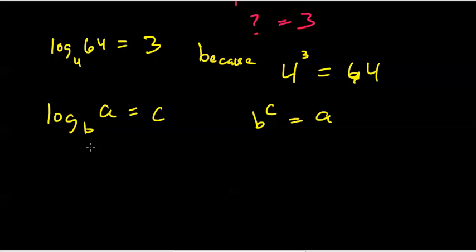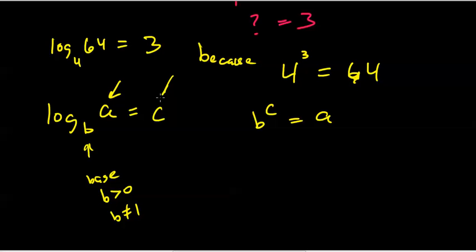Every logarithm has what they call a base. By agreement, logarithm bases are greater than 0 and cannot be equal to 1. A is what I call the log argument, and C is the logarithm itself.